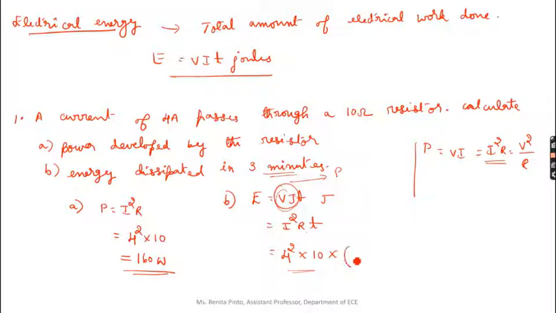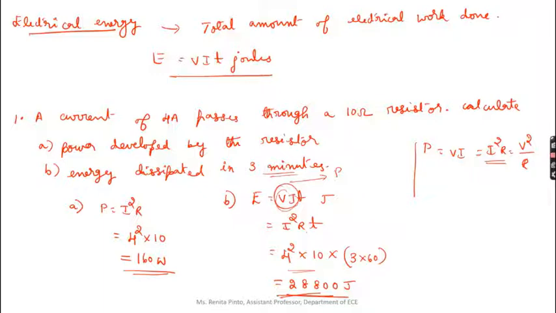That is 3 minutes into 60 seconds. So 4 square into 10 into 3 into 60 gives you 28800 joules. This is how we are going to solve the problem.